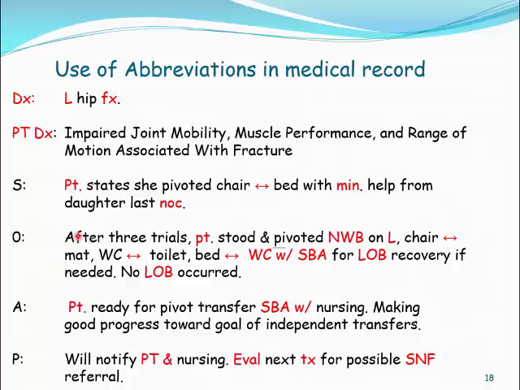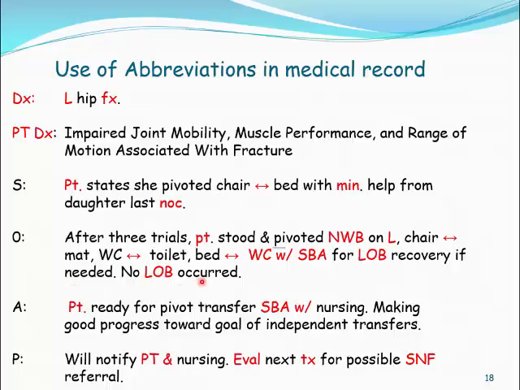In the objective portion, this would read, after 3 trials, the patient stood and pivoted, NWB means non-weight bearing, on the left, to and from the chair to the mat, to and from the wheelchair to the toilet, and to and from the bed to the wheelchair, with SBA means standby assist, for LOB means loss of balance, recovery if needed.